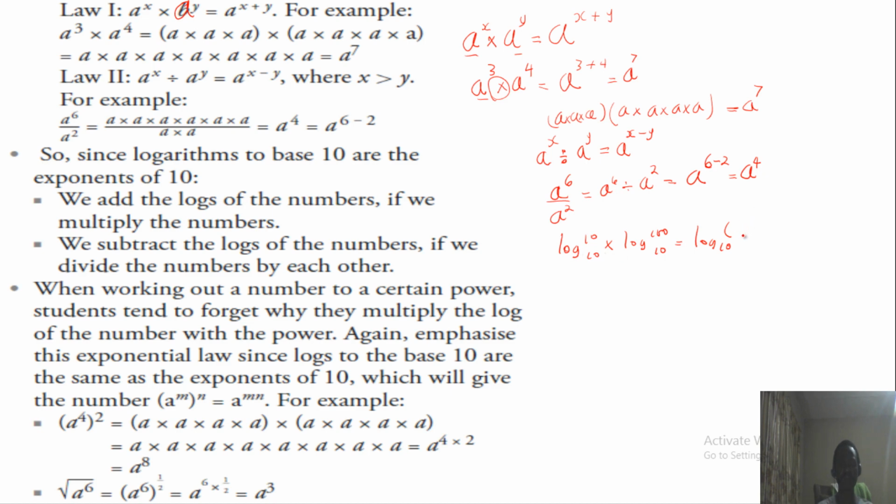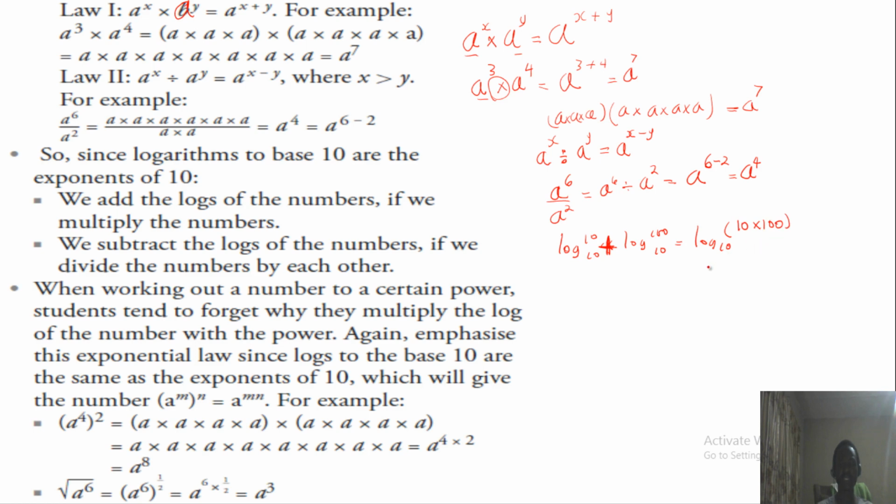If it is plus here, then what happens here? It should be 10 times 100.